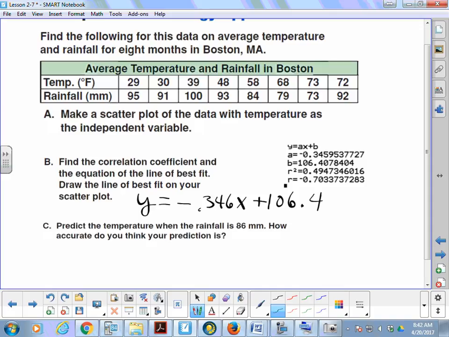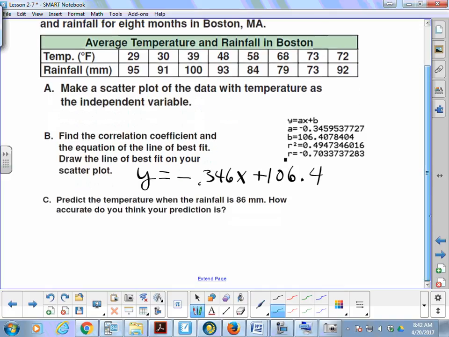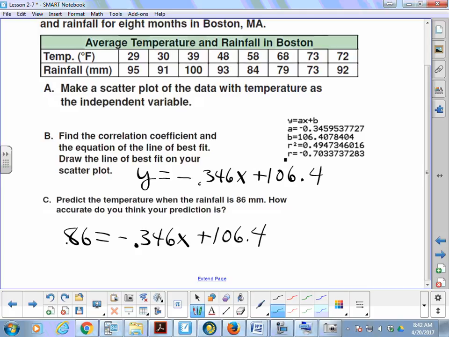Now I can do that a couple ways. I could solve this equation, but I'm not going to do that. I can utilize my calculator.